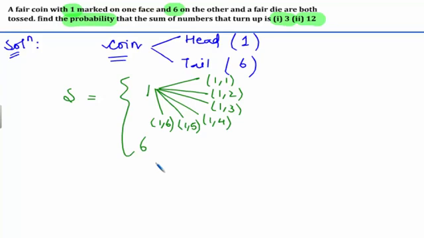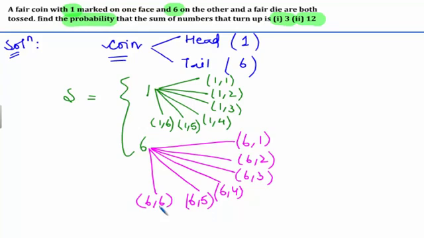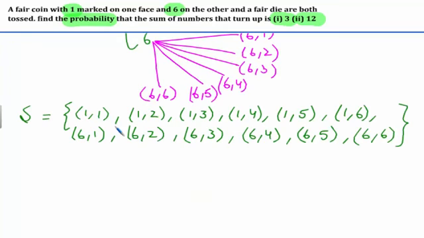Similarly, again the die is rolled after the tail gives 6. So again after this there are 6 possible outcomes. So we have 6 1, 6 2, 6 3, 6 4, 6 5 and 6 6. Hence the sample space consists of the following outcomes, and these outcomes are 12 in number.